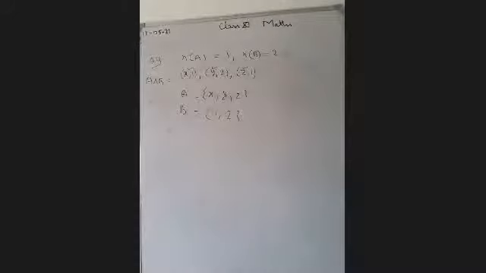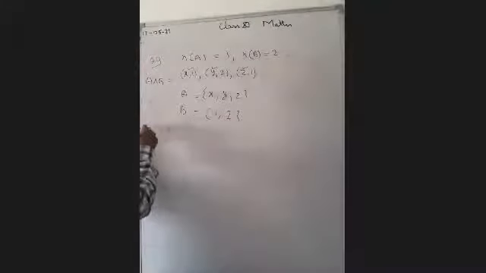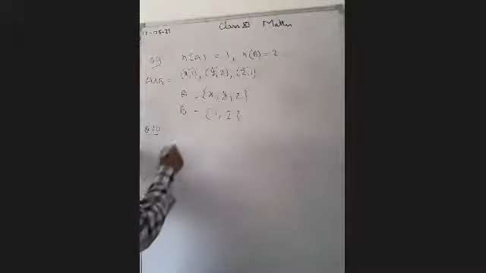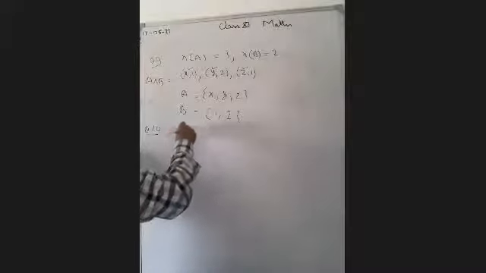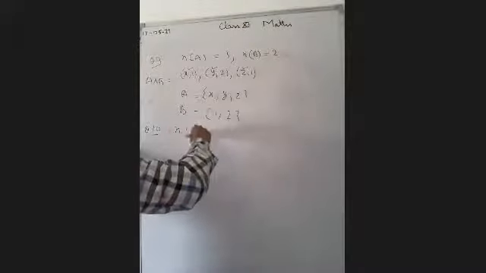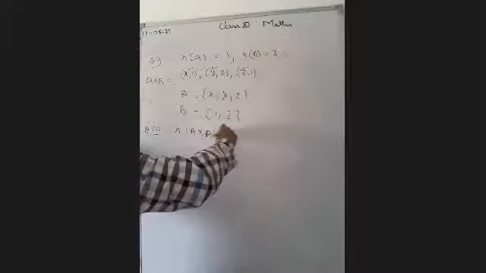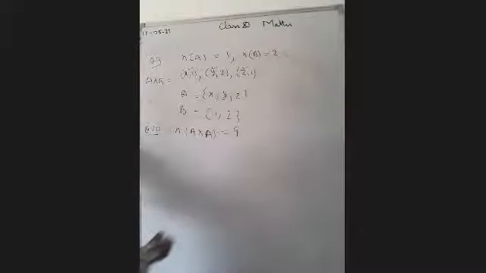Now we are taking question number 10. The Cartesian product A cross A, they have given you 9 elements, among which some elements they have mentioned here.